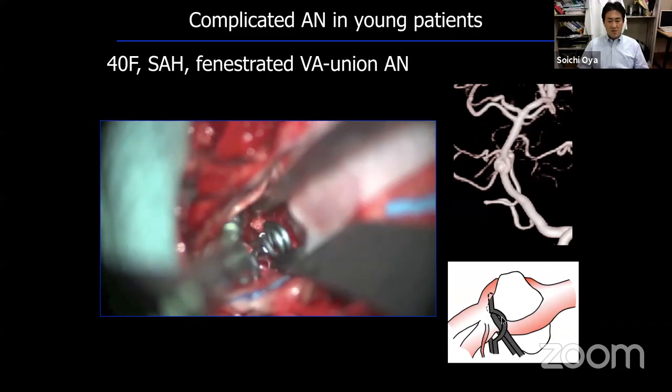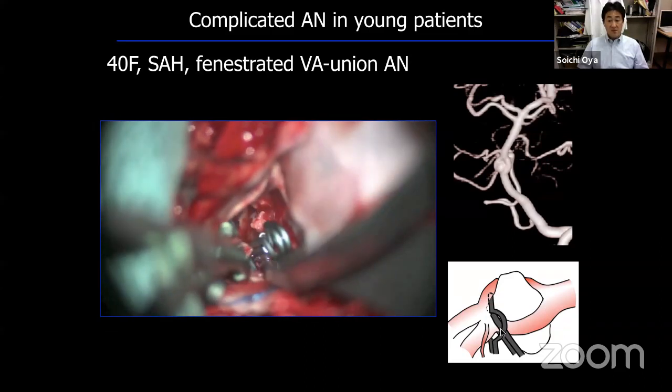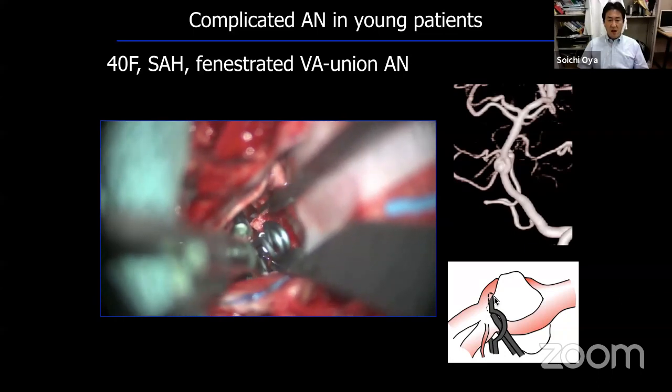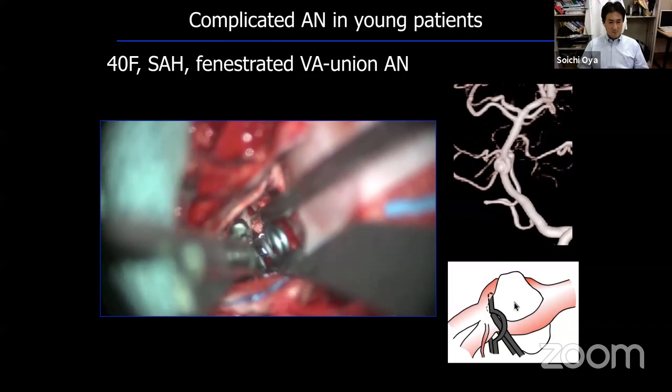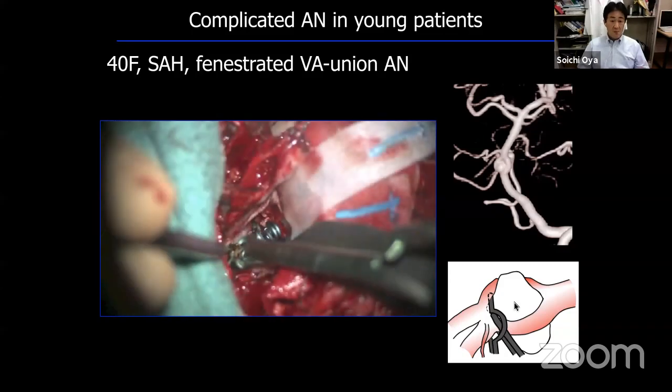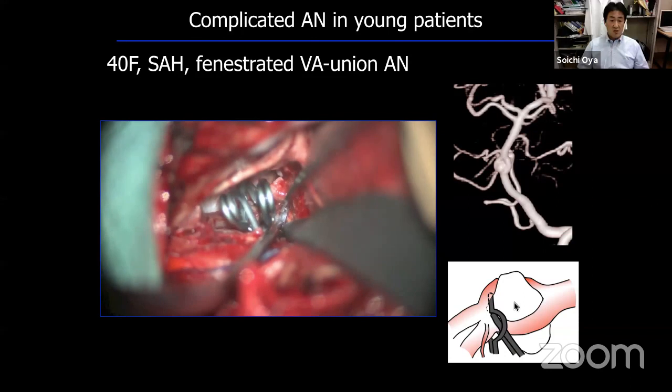And next I use the fenestrated clip to jump the first clip and close the right half of the aneurysm neck. And as for monitoring, we use the MEP and SEP for this surgery.